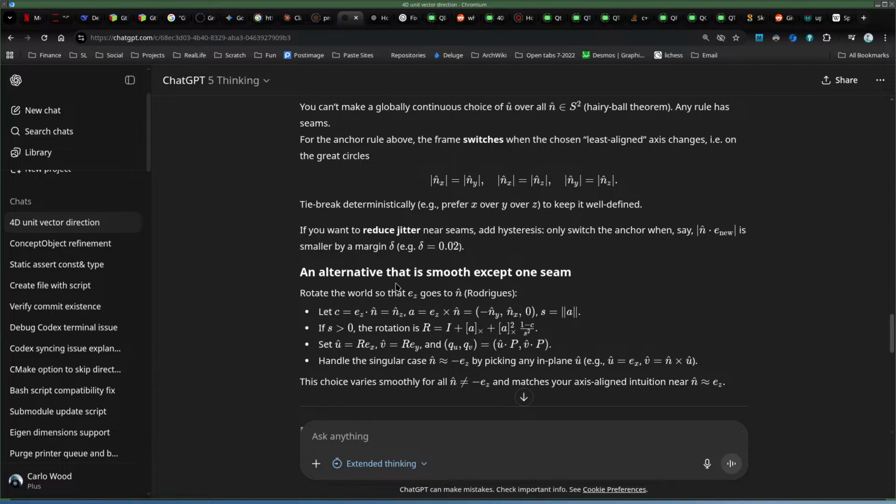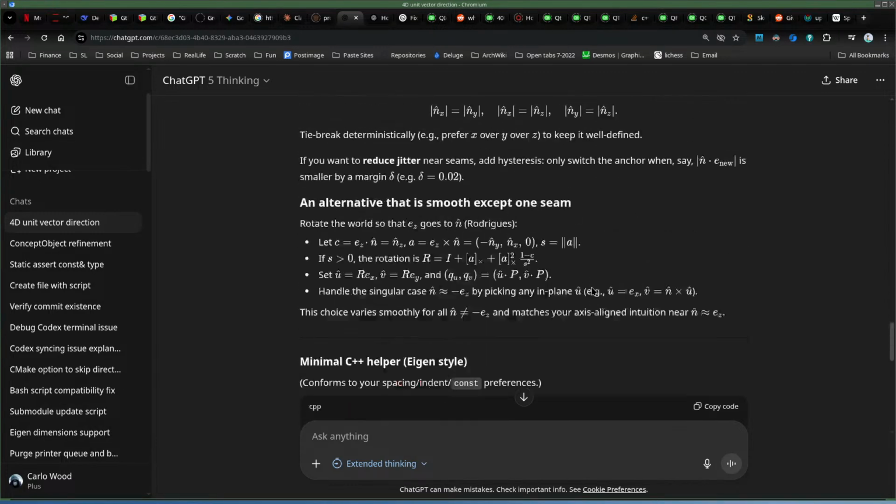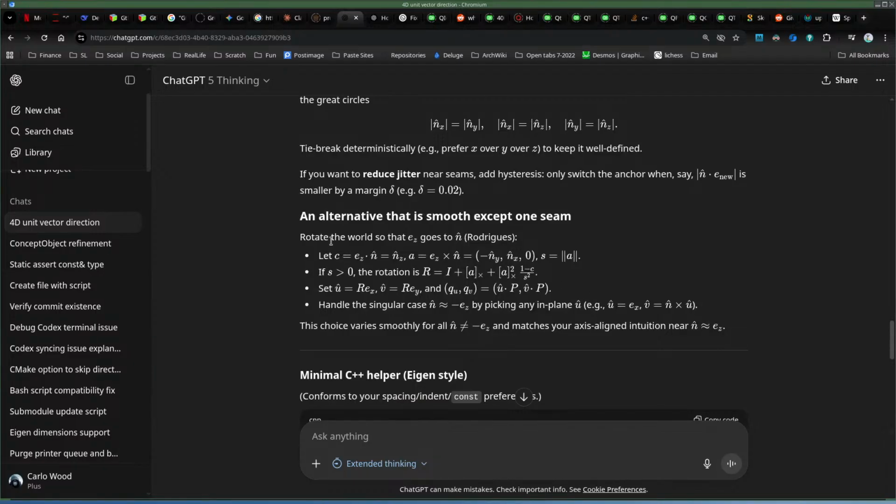An alternative that is smooth except on the seam: rotate the world so that z goes to n. Rodrigues. So those guys, they always did stuff before I did it. Annoying. Before the AI did it, I mean. Let's see, EZ dot n is nz.